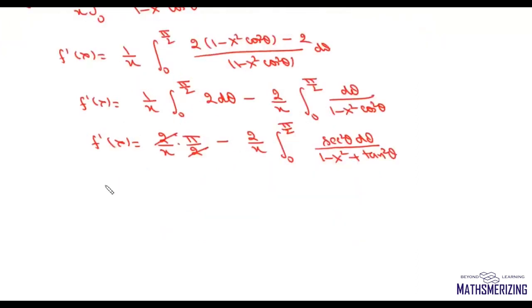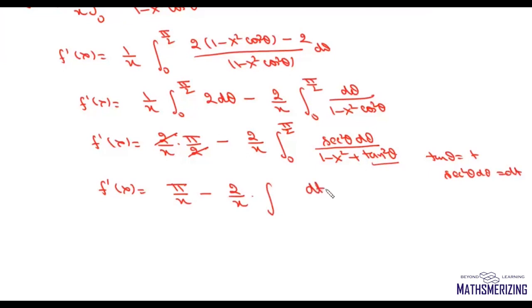So we can write this f dash x as pi upon x minus 2 upon x, and here we'll take tan theta as t, then secant square theta d theta will be simply dt. So we'll get this integral as dt upon 1 minus x square plus t square.